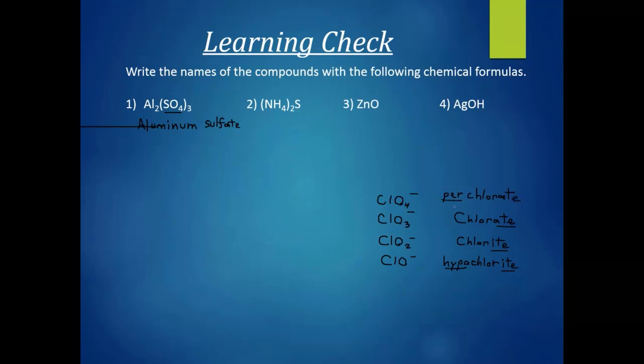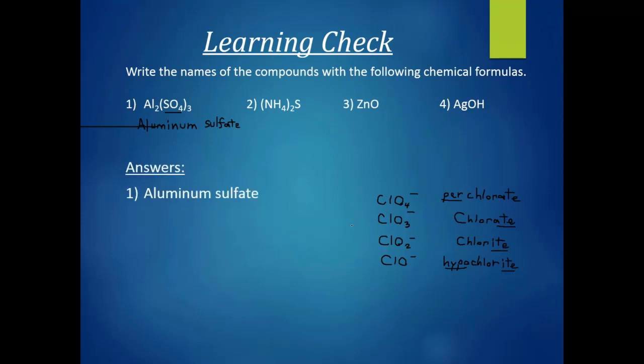Usually you won't have to deal with the per and the hypo, but a lot of times you will see chlorate and chlorite, sulfate, sulfite, phosphate, phosphite. If it has an ITE ending, all it means is that you have one less oxygen. Okay. Cool? Yes, cool. Thank you.